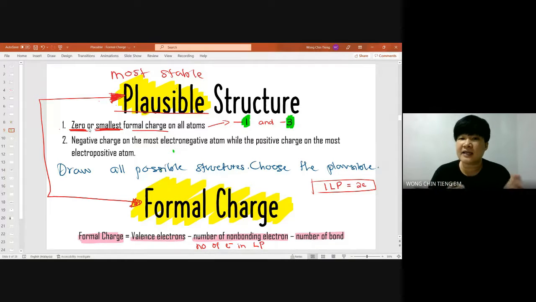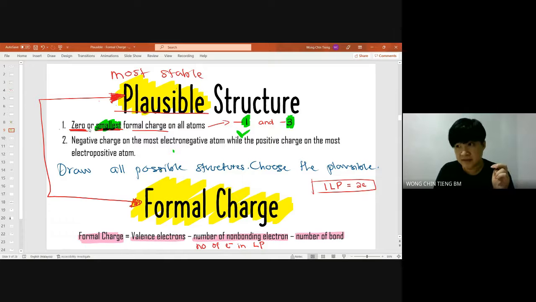Bila dia adalah -1 atau -3 atau -2, -4, whatsoever negatifnya, negatif kat situ melambangkan elektron diterima. Dan bila saya kata smallest formal charge, ladies and gentlemen, I refer to the number. Is that clear? So yang paling kecil kat sini adalah -1.